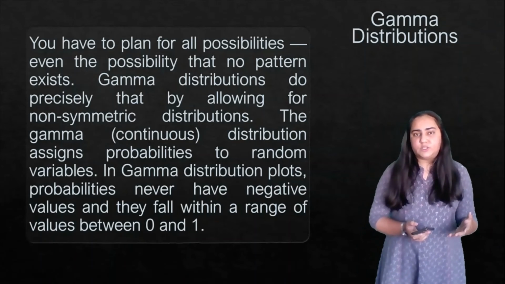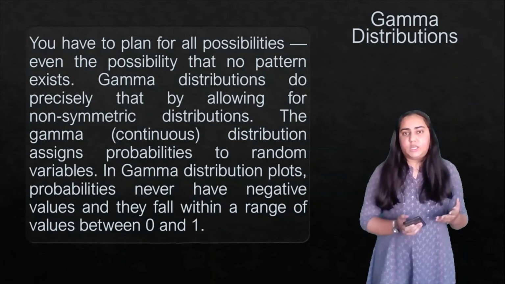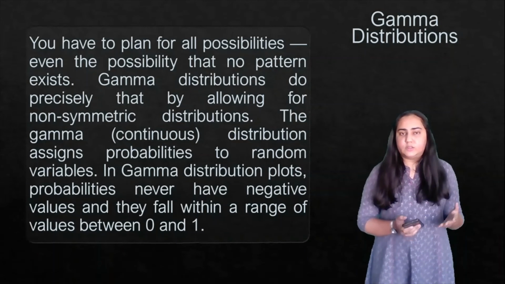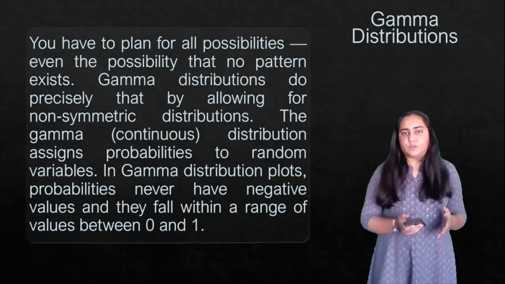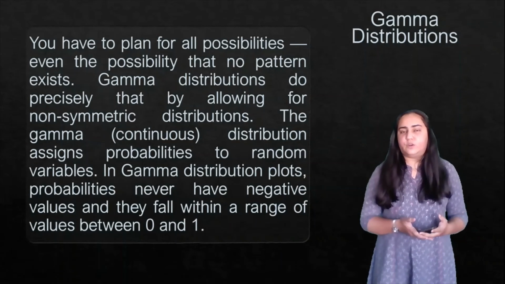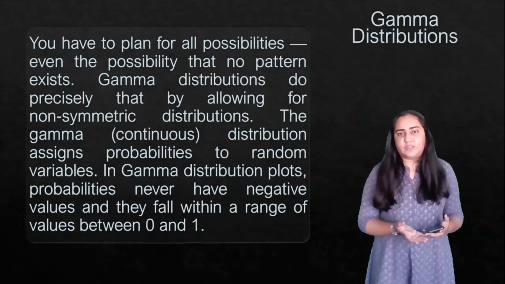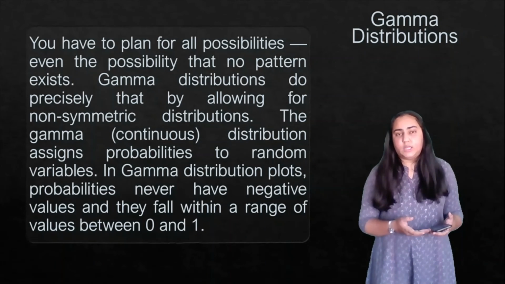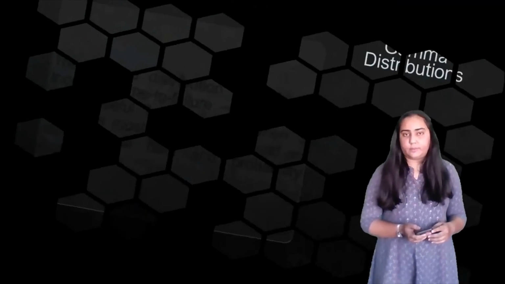Gamma distribution, which is a continuous distribution, assigns probabilities to random variables. Gamma distribution plot probabilities never have negative values, and they fall within a range of values between 0 and 1, which is true for all probability values. But the graph that you make for a gamma distribution is not necessarily symmetric. It could be non-symmetric, and you may find no pattern in it. That's where gamma distributions will do their work.